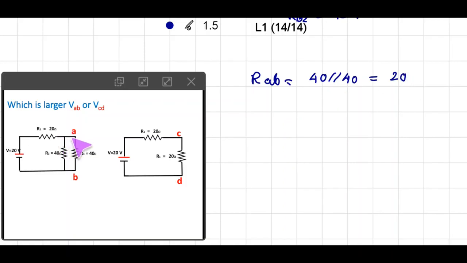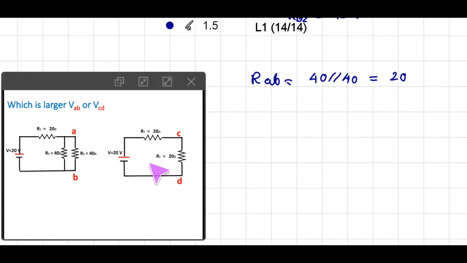So this is 20 and the resistance between A and B is also 20. So the applied voltage is 20. According to the voltage divider, 10 volt will appear across resistance R1 and 10 volt will appear across A and B.